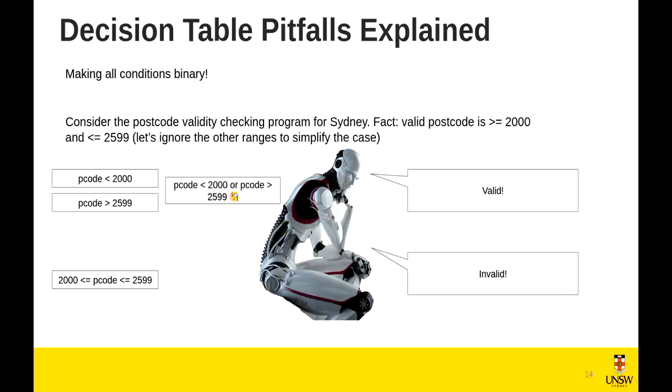because this one could be true if any of the conditions here is satisfied, right? So if we choose the P code to be too small, then we are missing the test case for P code being too large. So that's why we will miss one test case if we just merge these 2 conditions into a true-false condition.